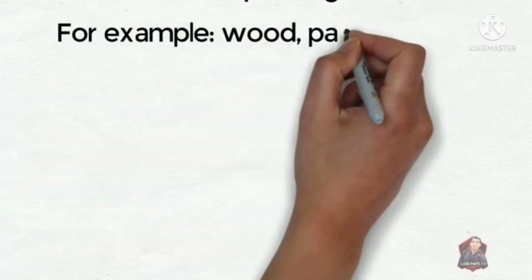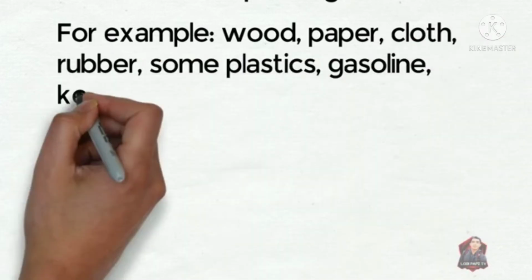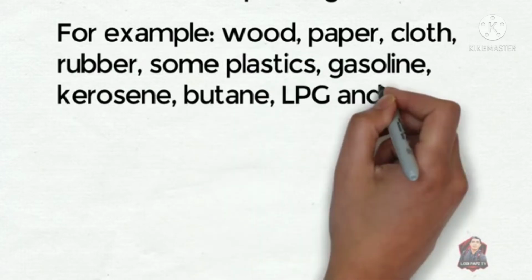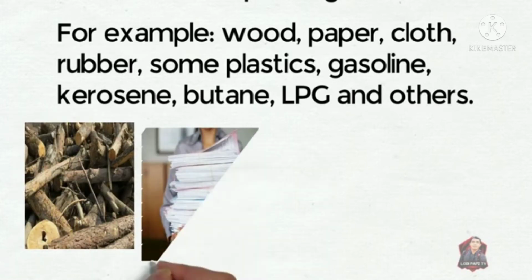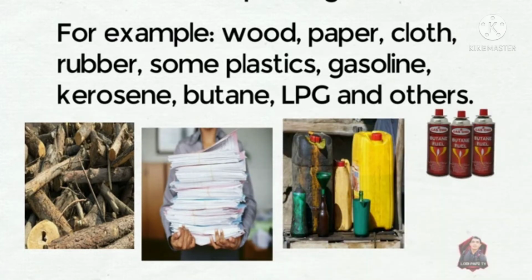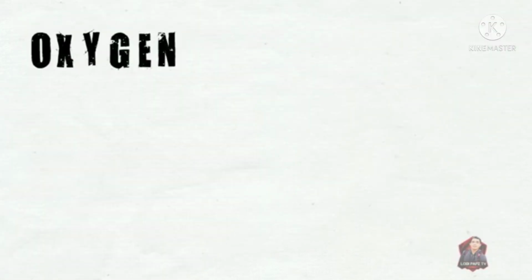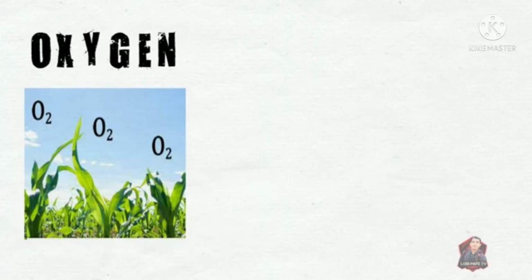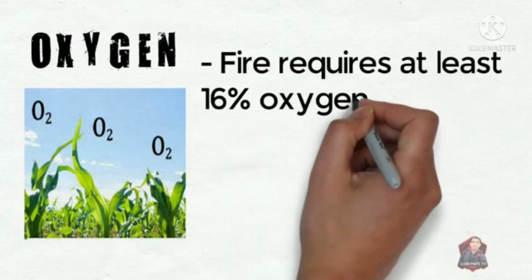For example, we have wood, paper, cloth, rubber, some plastics, gasoline, kerosene, butane, LPG, and others. In oxygen, fire requires at least 16% oxygen in the air, and atmospheric oxygen levels are 21%.